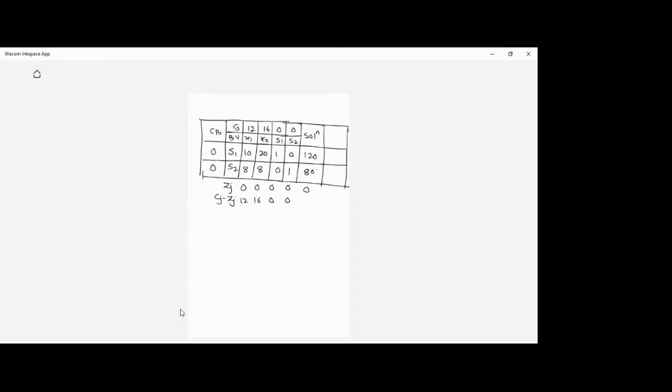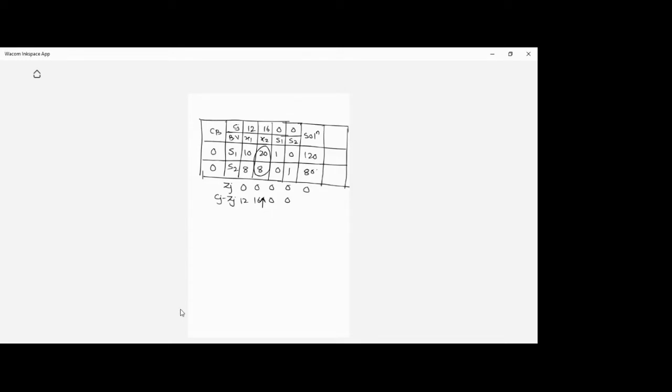Okay, so we had this table previously. What we have done is we have chosen the maximum value amongst the Cj minus Zj. So this is that value, right? And we have marked this column. So this is now our key column, right?